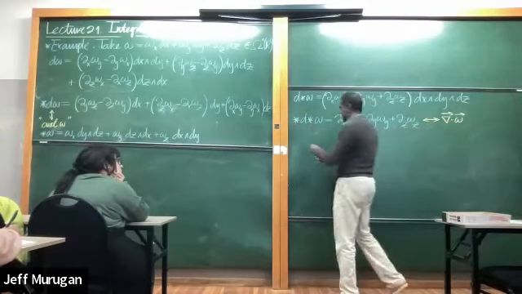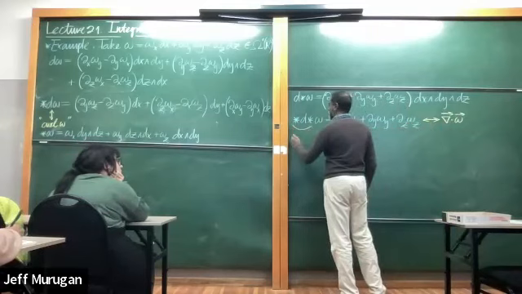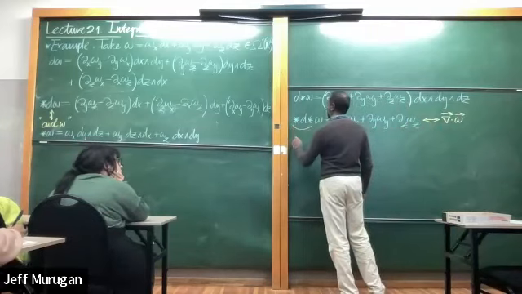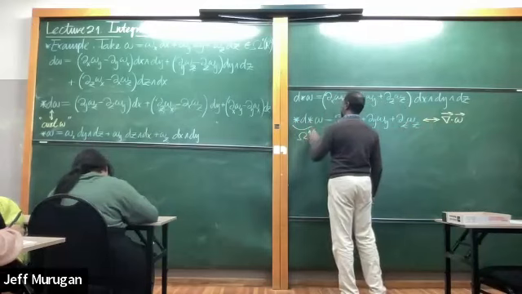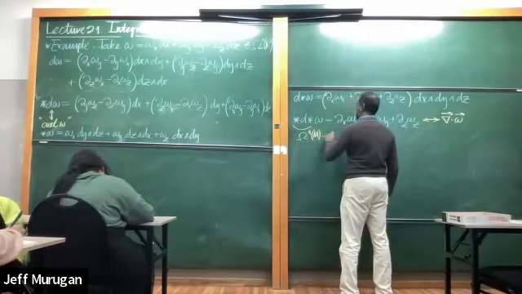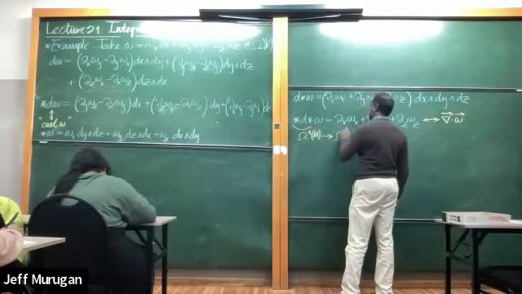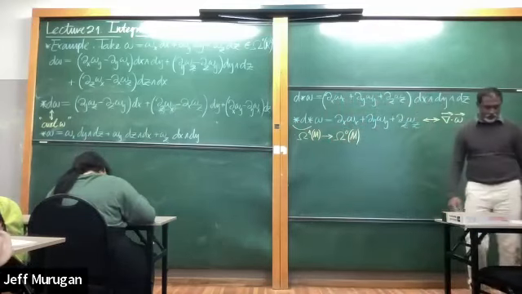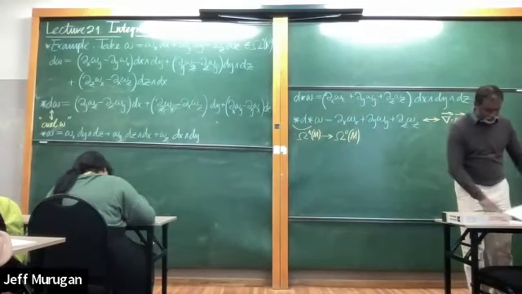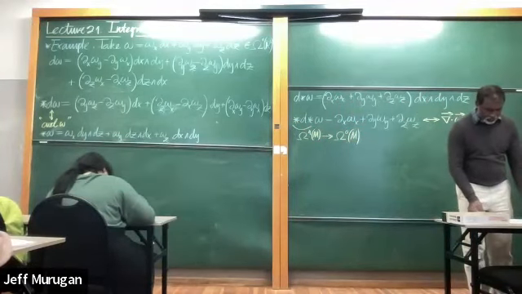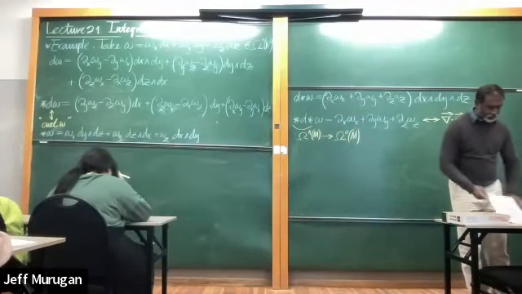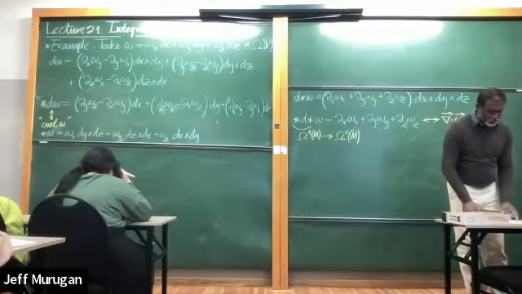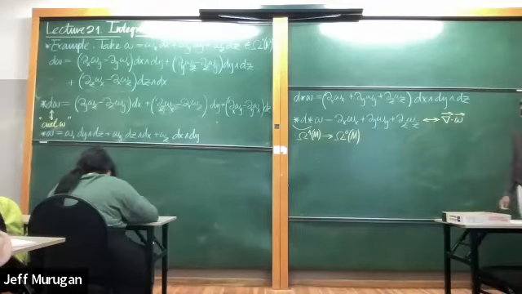So this combination takes a one form, which lives in omega one, to a zero form, something that lives in the set of functions over M. And in fact, this is a much more general statement.